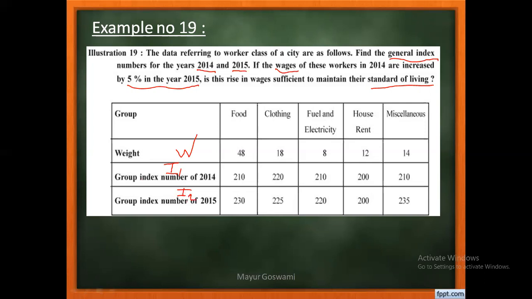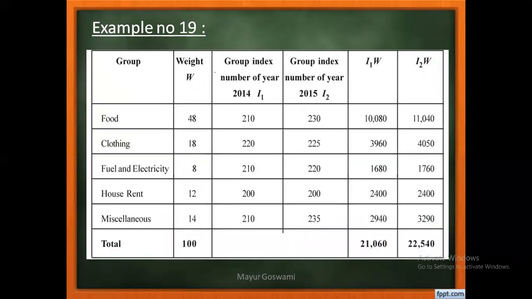So I1 and I2 are given, right? For the 2014 index number you have to calculate, and for 2015 you have to calculate as well, so that's why both index numbers are given. First we'll find only the 2014 index number, which we call I1. I we have, W we have, the formula is IW, right? So this is for 2014.